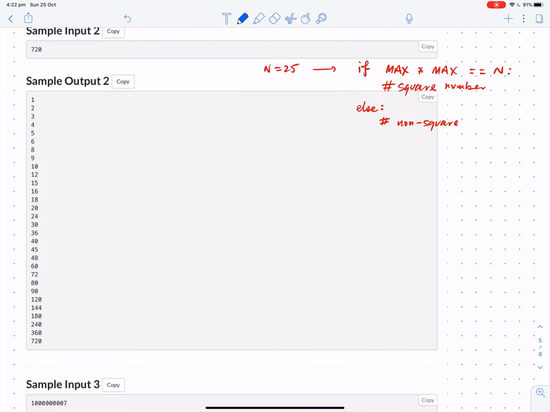So, of course, we have n equals input, and we'll import math, and we'll say max equals math dot ceiling math dot square root n.